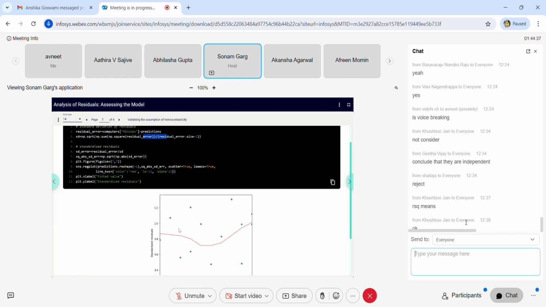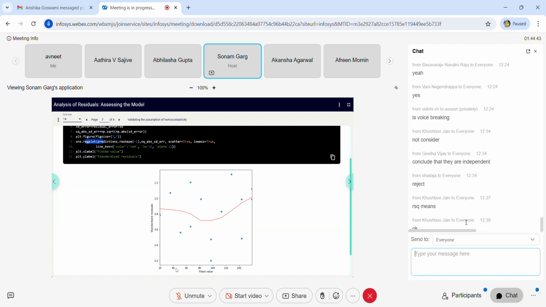Now, we have used regression plot here to plot our predicted values versus the standard residues, which we have calculated on the previous page. Rather than just doing y minus y hat, we have taken the standardized residual values versus the y hat, the actual predicted y hat values, to plot these residues.